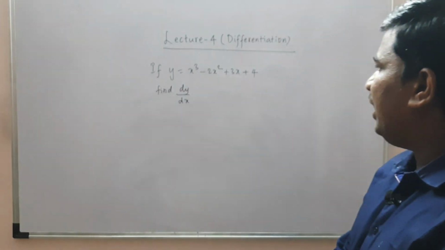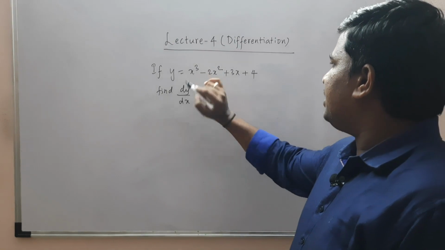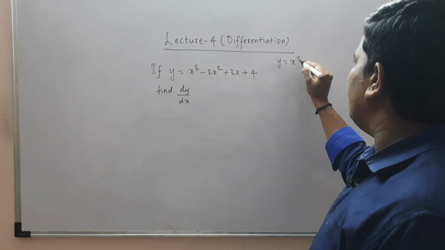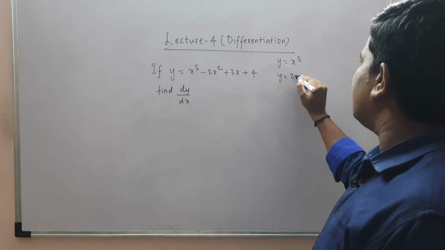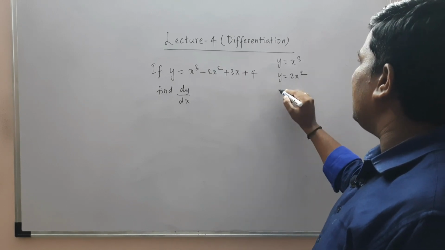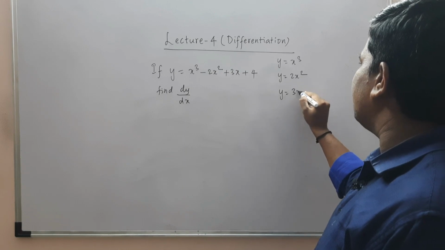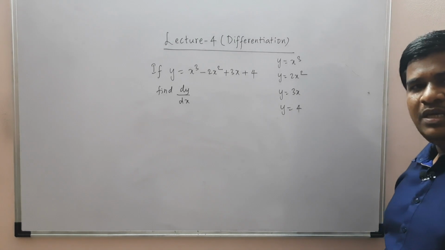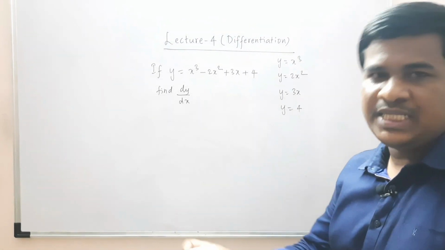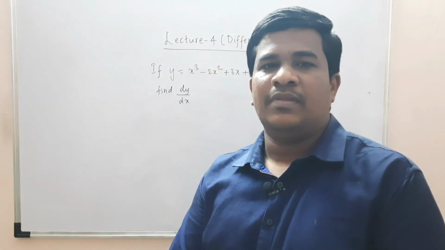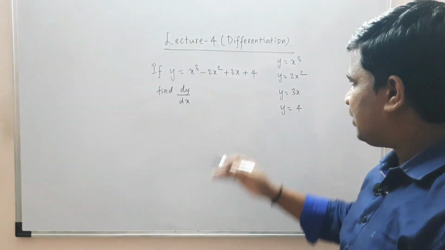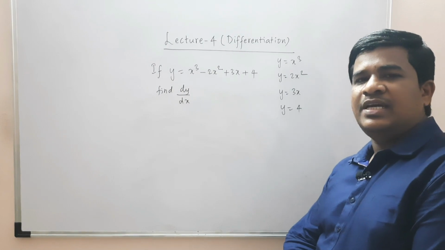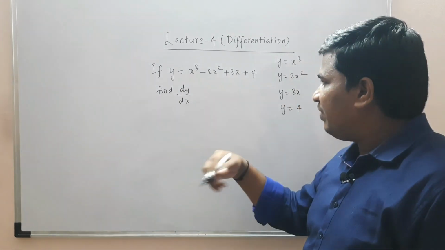See, what you do here is imagine each term as equal to y: y equal to x cube, y equal to 2x square, y equal to 3x, and y equal to 4. Imagine each term is equal to y. Let me explain in detail, then you will be writing very quickly.